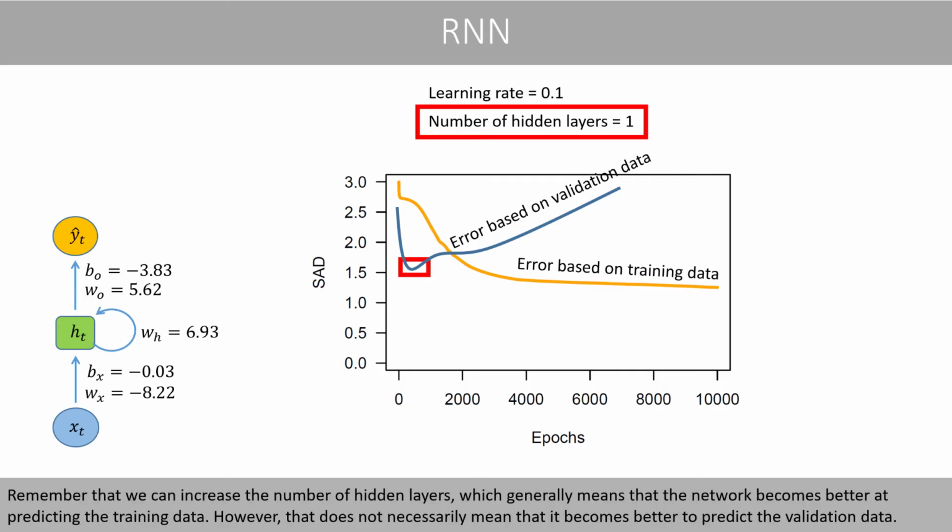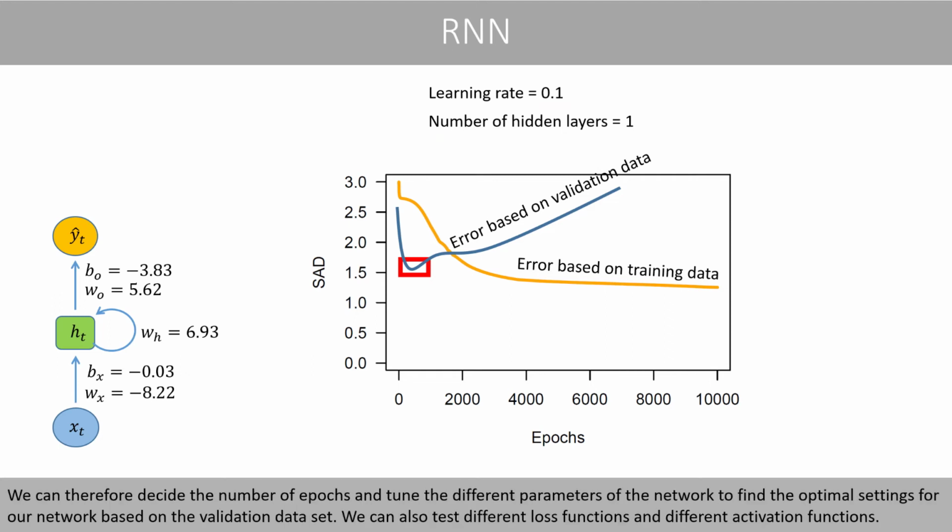Remember that we can increase the number of hidden layers, which generally means that the network becomes better at predicting the training data. However, that does not necessarily mean that it becomes better to predict the validation data. We can therefore decide the number of epochs and tune the different parameters of the network to find the optimal settings for our network based on the validation dataset.